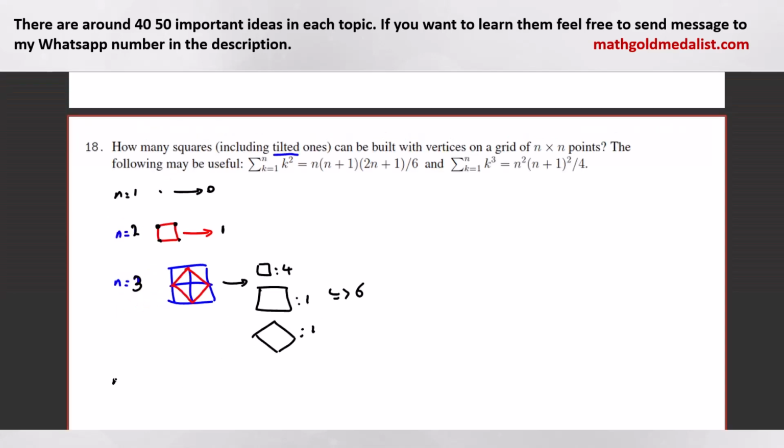Okay, so try to check, for example, N4 and 5, okay? And try to find a way to generalize it, okay? So we got 9 of those.